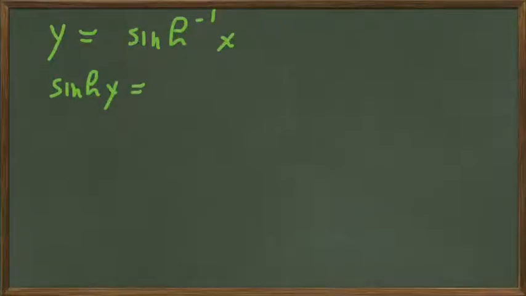So let's go through this for y equals hyperbolic sine inverse of x. So as before, we're going to take the sinh of both sides to get rid of the inverse. So we have sinh of y equals x, which we'll rewrite as x equals sinh y.